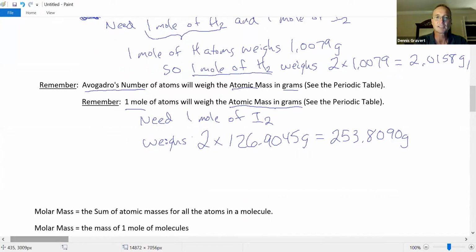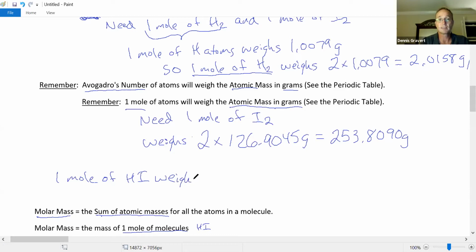Now, the question didn't ask for it, but we could ask, what's the mass of 1 mole of HI molecules? And that molar mass is just where you add up all the atomic masses. So 1 mole of hydroiodic acid weighs, well, the weight of hydrogen, which is right up here, 1.0079.